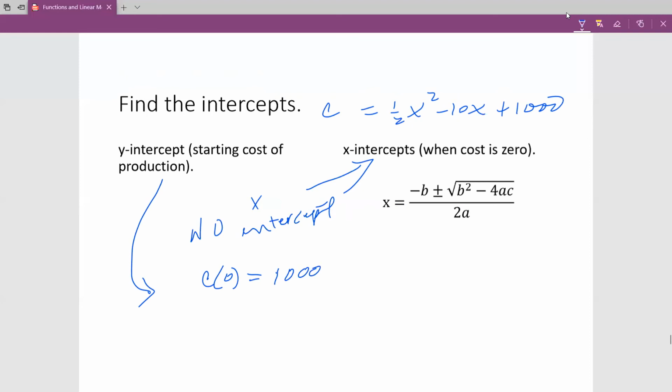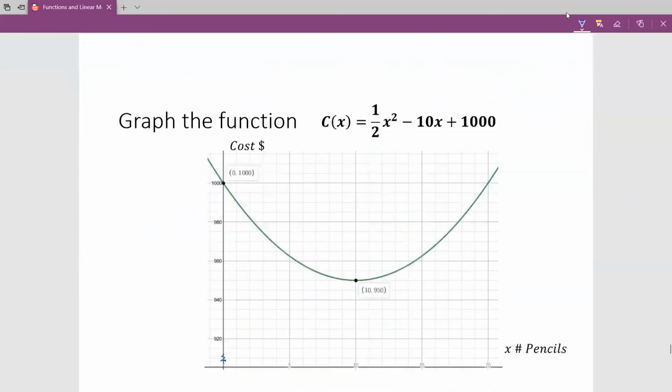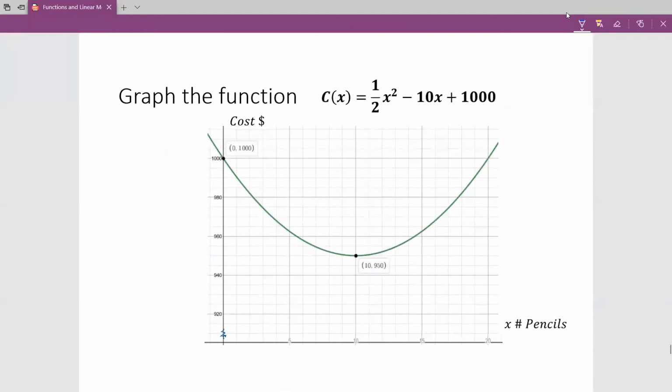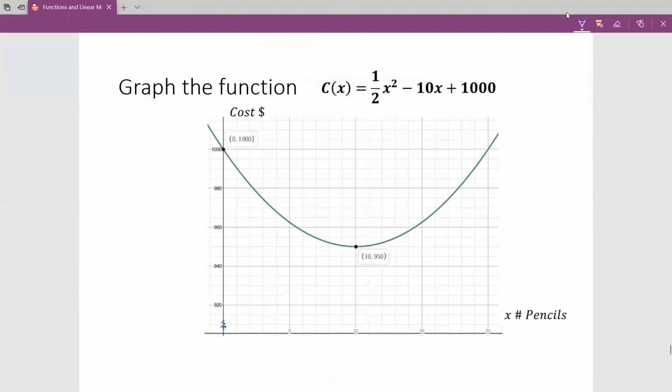So the y-intercept is 0 and 1,000. On the next page, I have graphed the function. With a vertex of 10 and 950, the y-intercept is 0 and 1,000, and there are no x-intercepts.